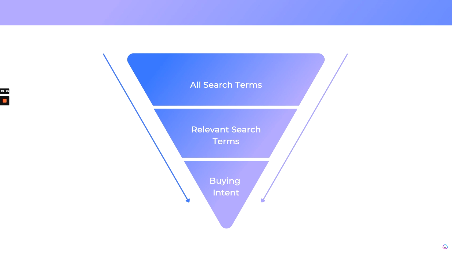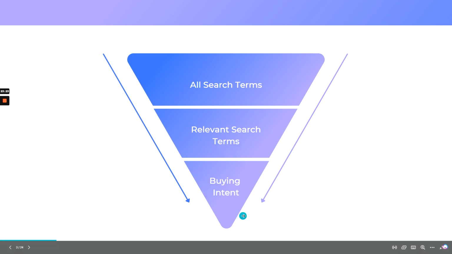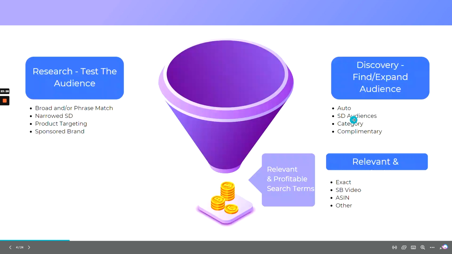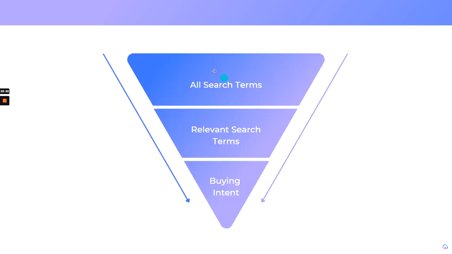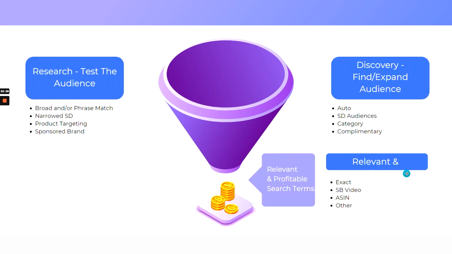A lot of times people will refer to this as the highest buying intent, and it is actually in the longest tail search term. With exact campaigns, if we come back to here, if you're working off of this type of system, it is really hard to find exact campaigns that are going to get traction on every single long tail opportunity.